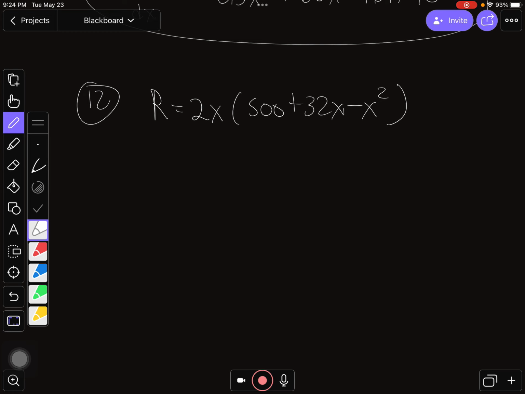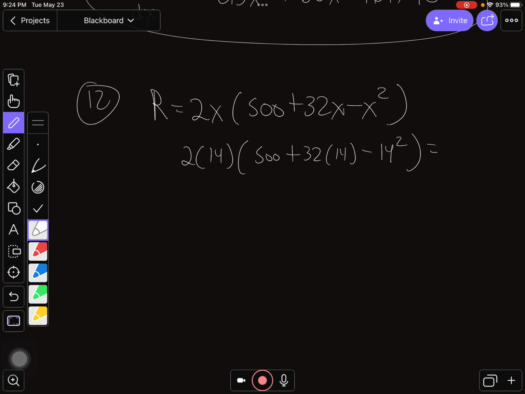So I'm going to put a 14 into all my X's. So 2 times 14 times 500 plus 32 times 14 minus 14 squared. I'm going to see what that equals.